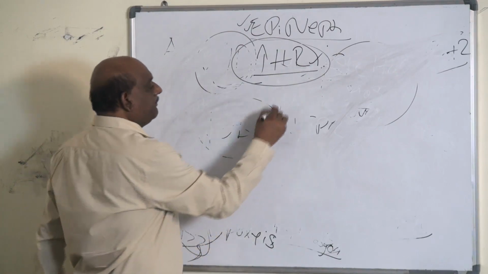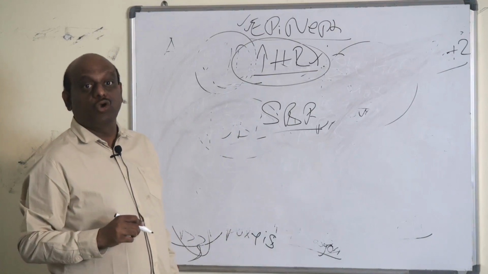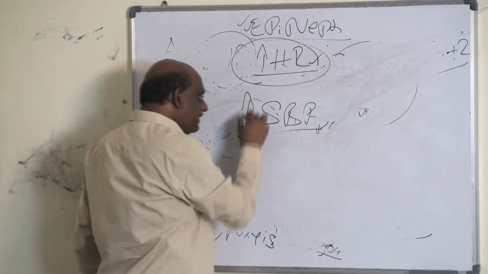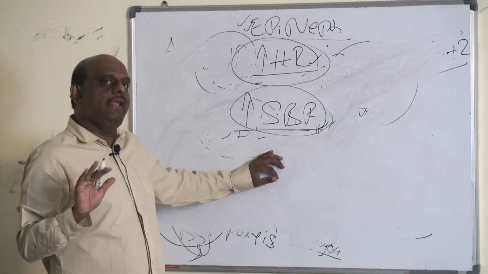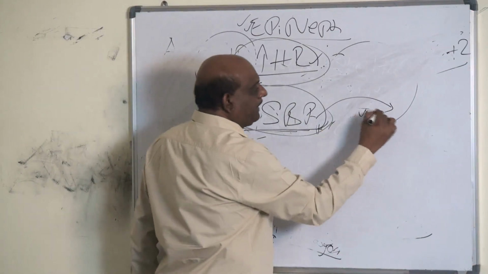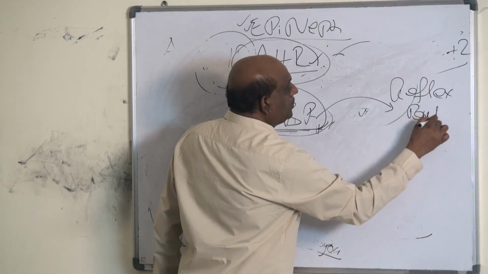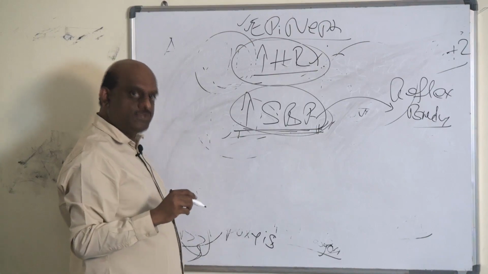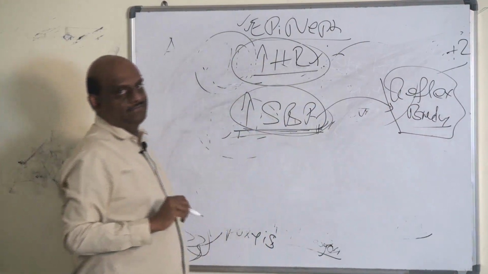Then what is the effect on the SBP, systolic BP? It increases the systolic BP. Generally, what is the common sense? If there is a rise of systolic BP, there should be a reflex bradycardia. I know, doctor. So you will think epinephrine, since it causes an increase in systolic BP, why is it not causing reflex bradycardia?